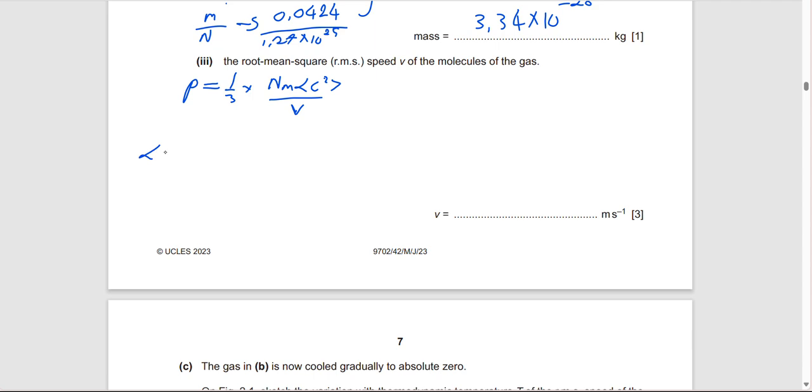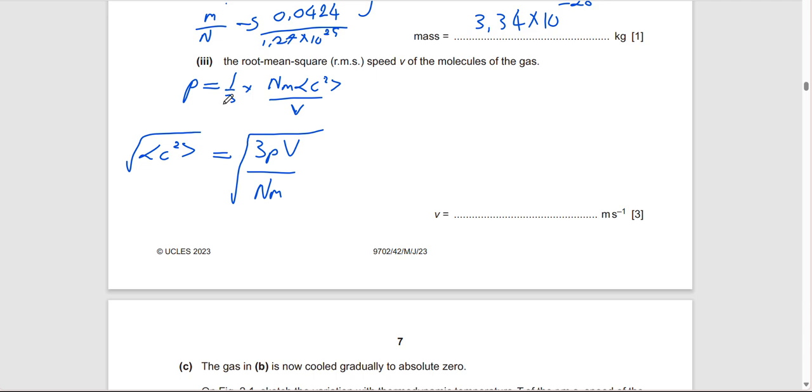Then we're going to root it to get the RMS. Multiply the 3 to that side with V, divided by NM, then when we square root both sides, we have the RMS.